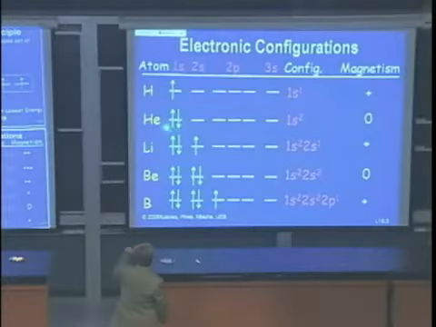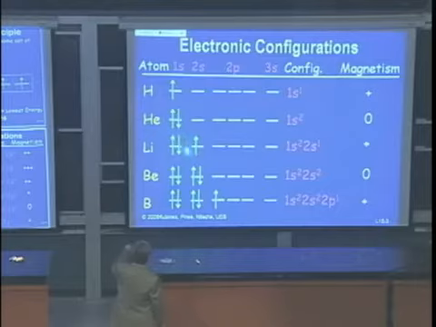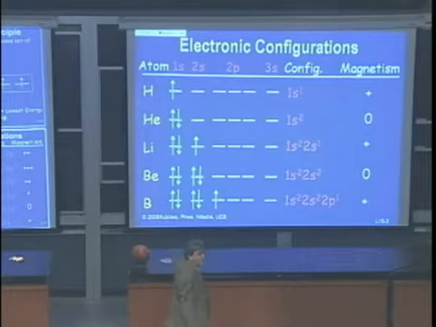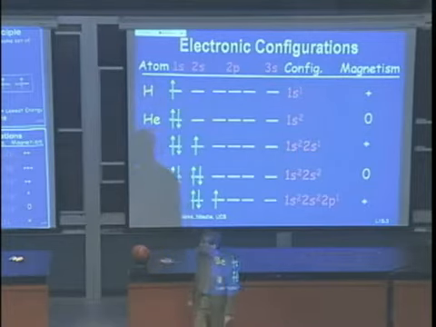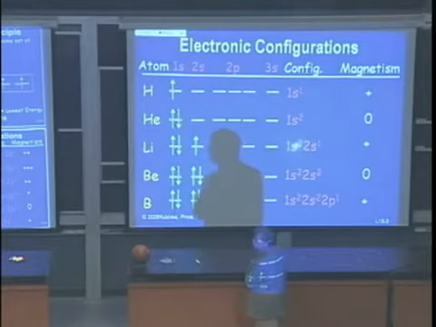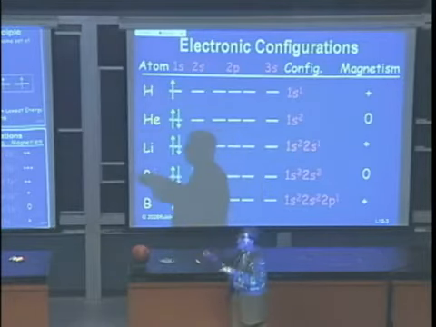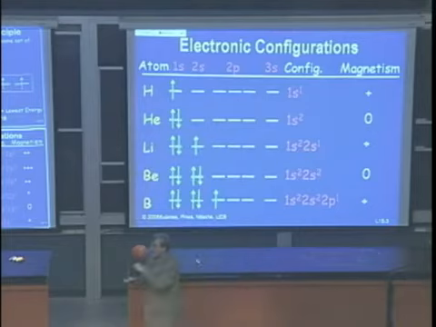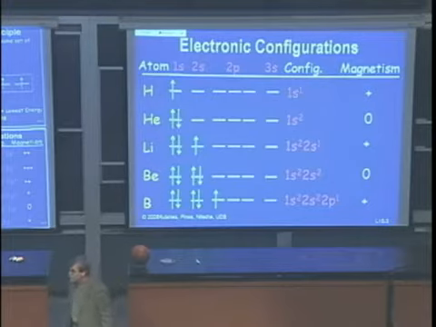Instead of pointing this out, we could write here helium in square parentheses and then 2s. This makes not much sense at the moment because it's not a whole lot of writing. If you write 1s2 instead of helium, you have the same number of symbols to write. You have the square bracket, helium, square bracket, so you might as well write 1s2.